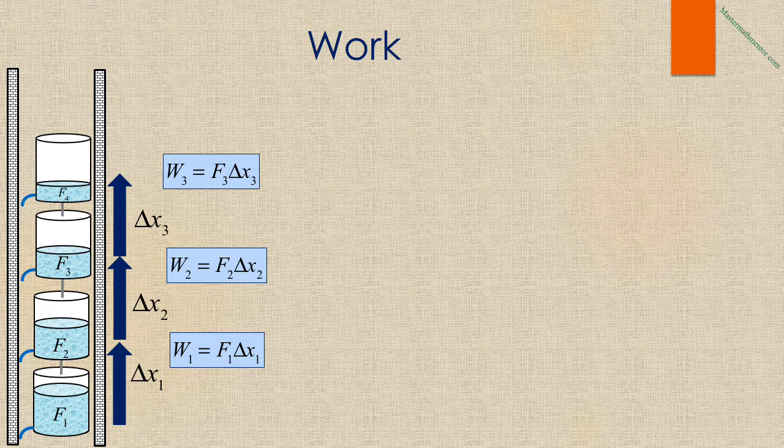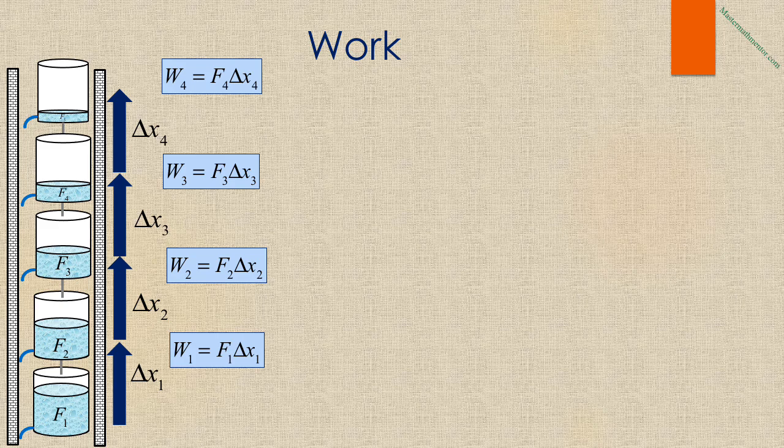The bucket has now lost more water, so now it weighs F sub 3. So we move our bucket up a distance of delta x sub 3. So the work to move the bucket is W sub 3 equals F sub 3 delta x sub 3.